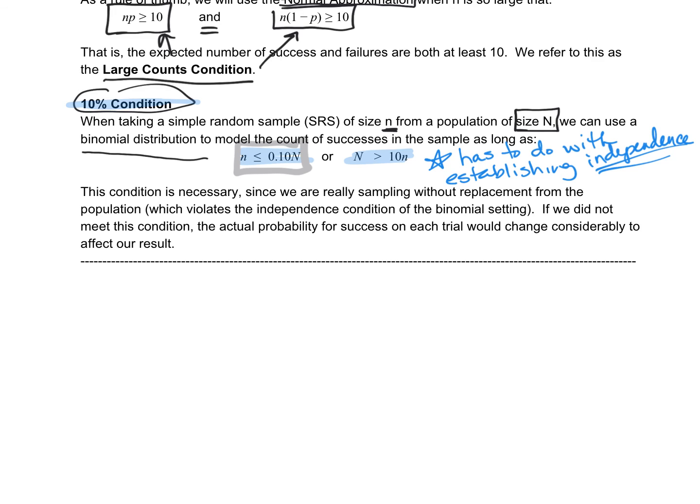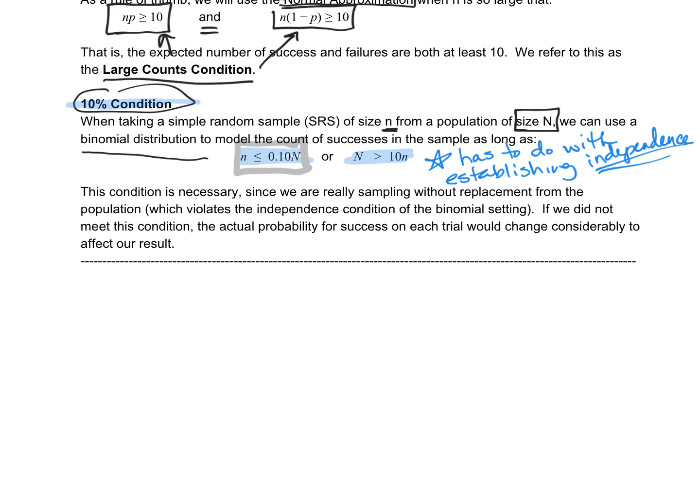We need to know that our samples are going to be independent of each other. If it's less than 10%, we can usually assume they are. You can look at that with cards. Let's say we have a deck of cards. There's 52 cards in the deck, isn't there?